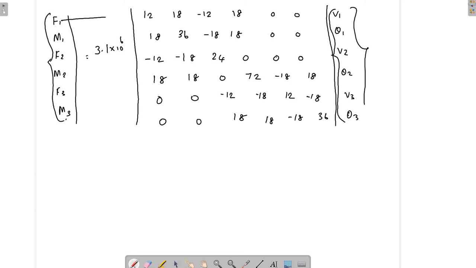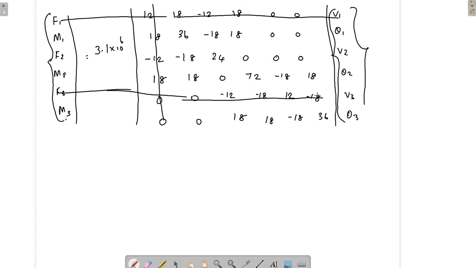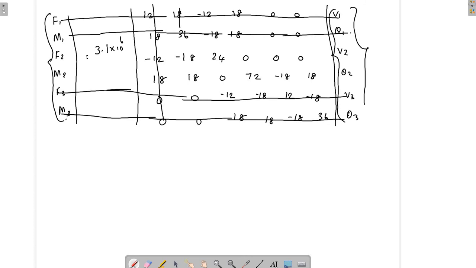So we can eliminate the first row and the first column, and the row corresponding to the displacement 3, the row corresponding to the slope 3, the row corresponding to the slope 1. So these can all be neglected according to the boundary condition. So this is for theta 3, this is for V3.